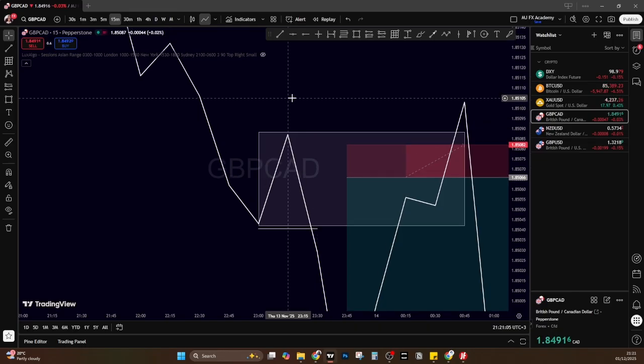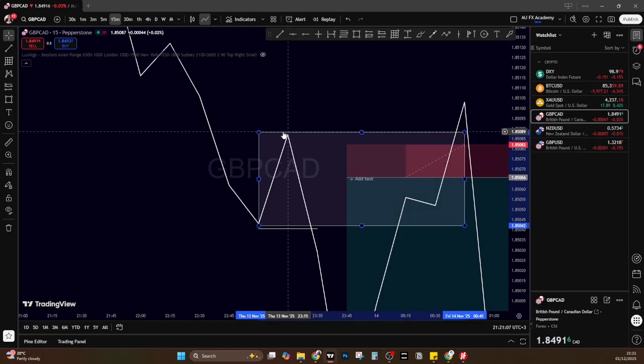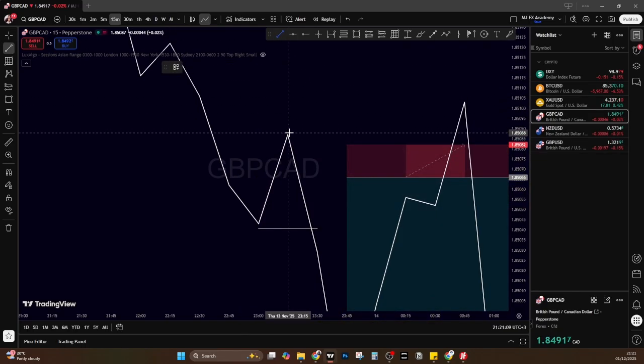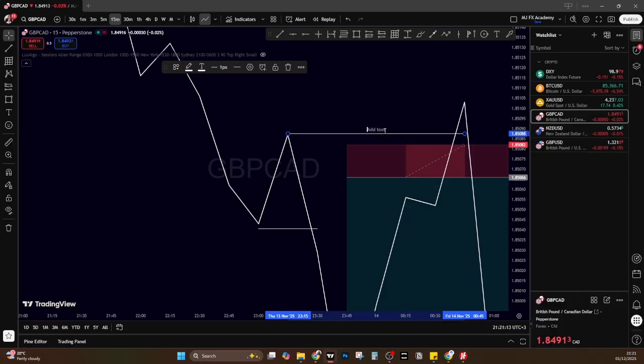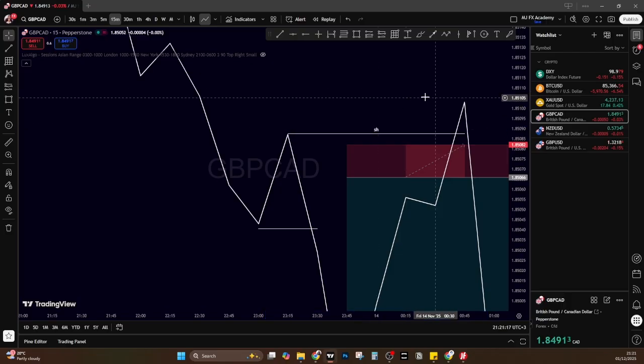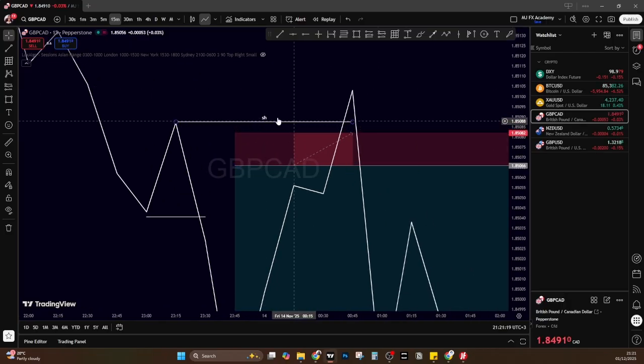Because this is where we have the stop hunt. I've told you that it is called the stop hunt because its main work is to trap early sellers, the early sellers or the price chasers. So that is why it is called the stop hunt. It is hunting for stop losses.